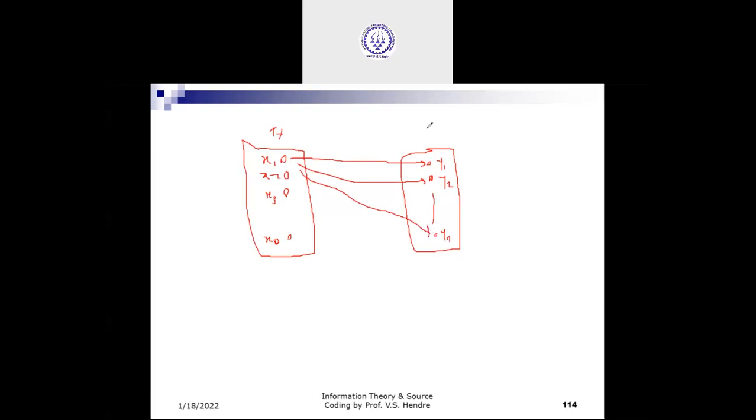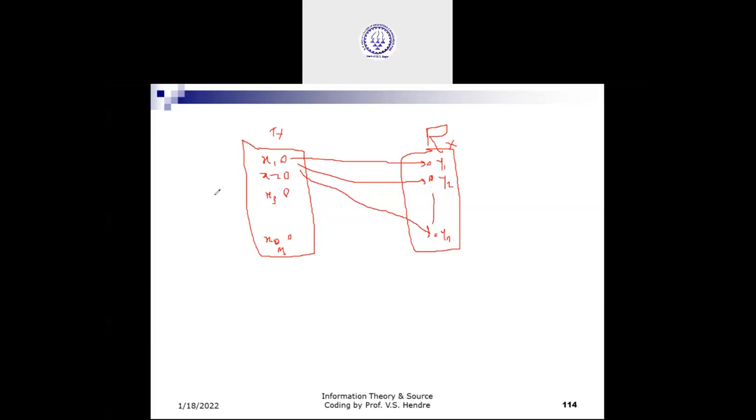This is going to happen in the channel. Noise is going to corrupt your signal, so if you transmit x1, there is a possibility that you will get y1, y2, or yn, and the same applies to all the rest of the symbols x2, x3, xm. So there are m possibilities with which you can transmit the data, and n possibilities with which you receive the data.